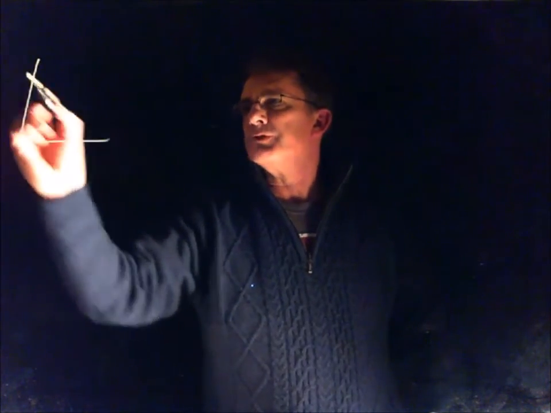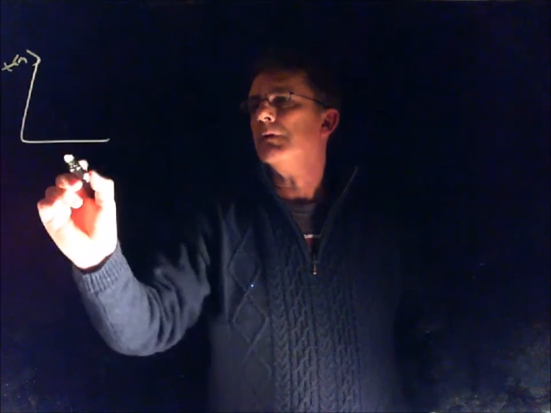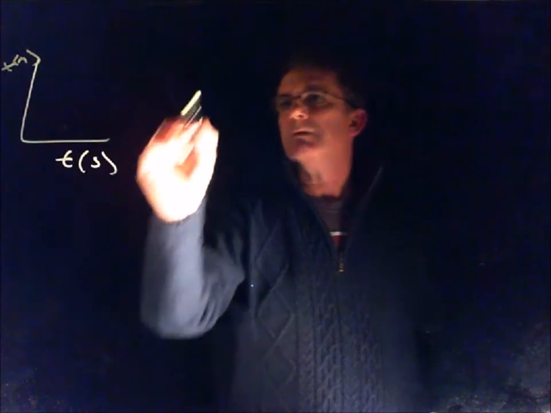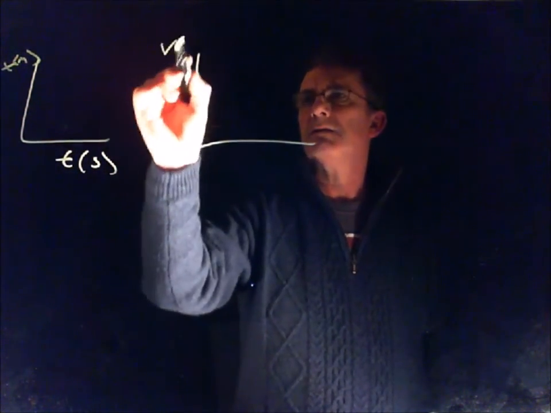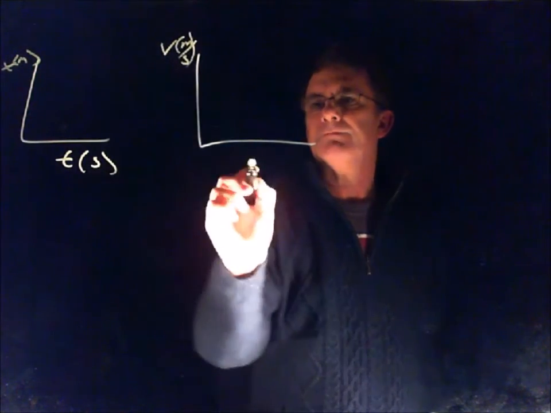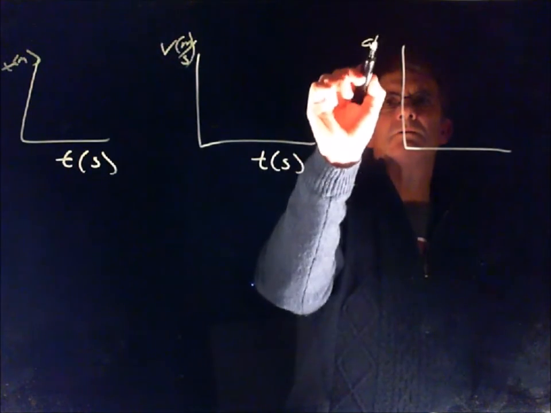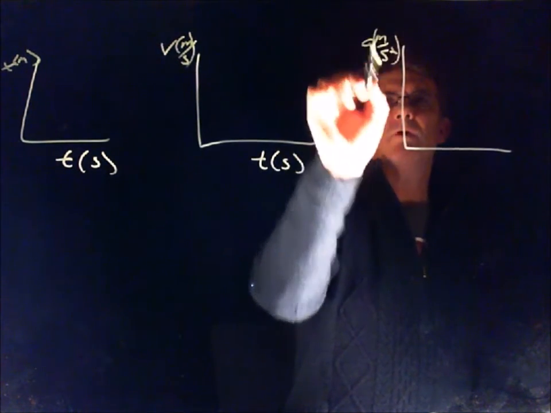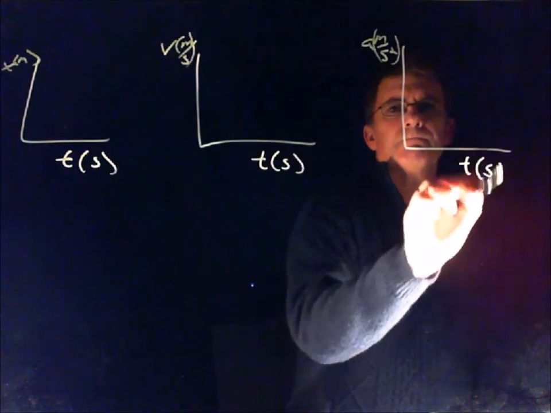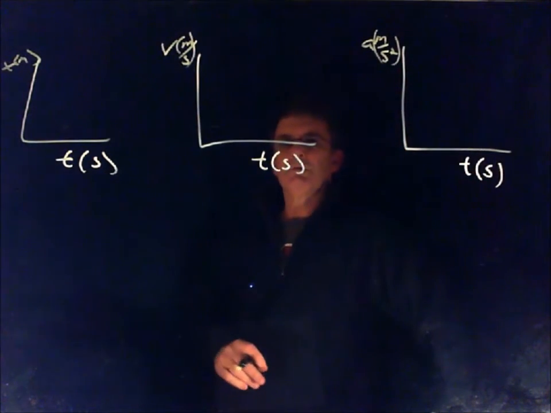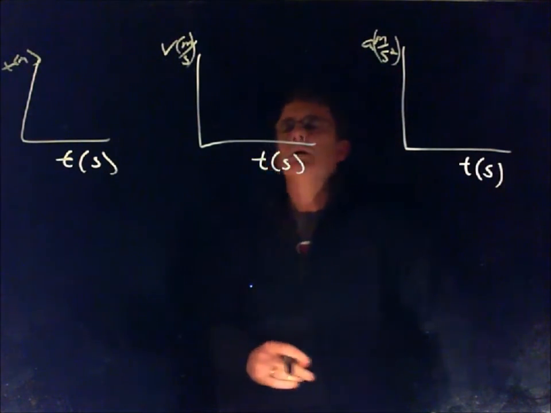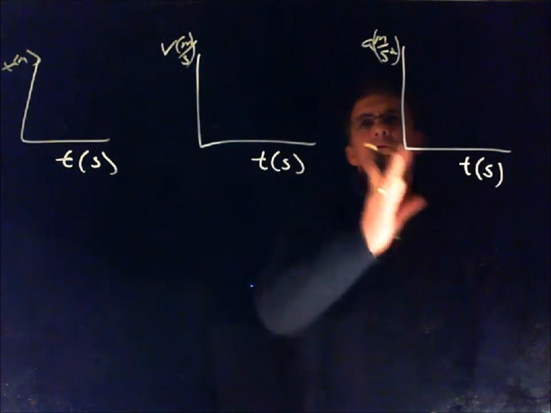So now let's look at a series of graphs that we run into a lot. I've already introduced 2 of them. Let's look at the position versus time graph, excuse me, let's look at the velocity versus time graph and the acceleration versus time graph. Let's look at a couple of comparisons and some common things, because you're going to have to be able to go between these three graphs.